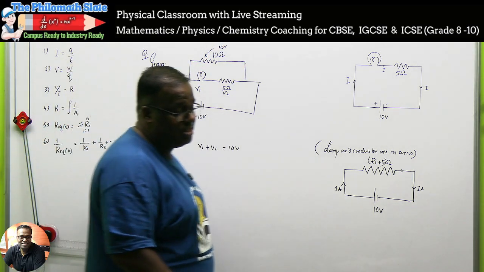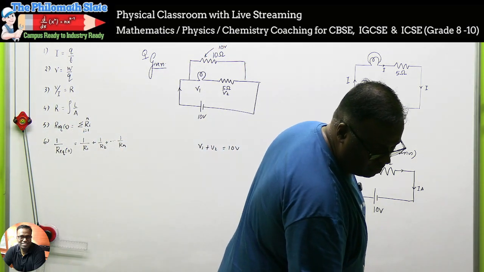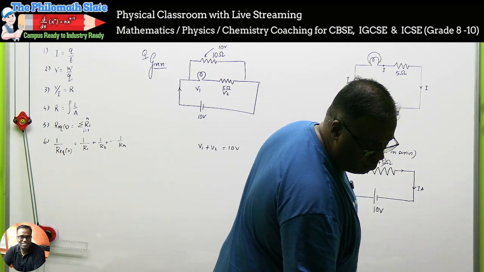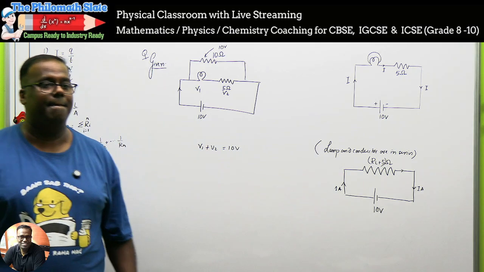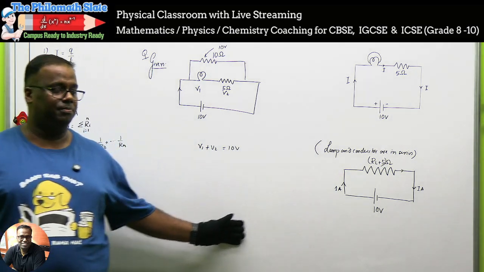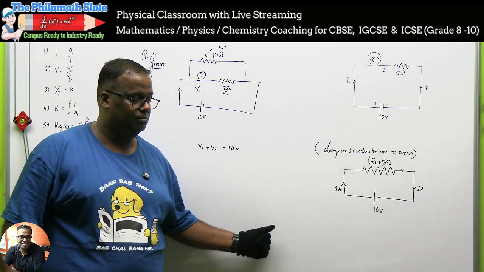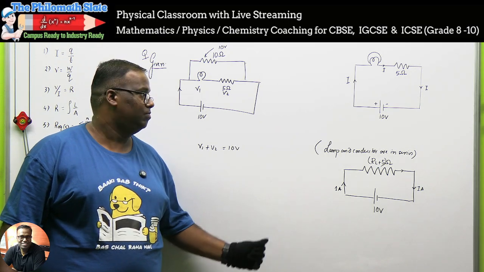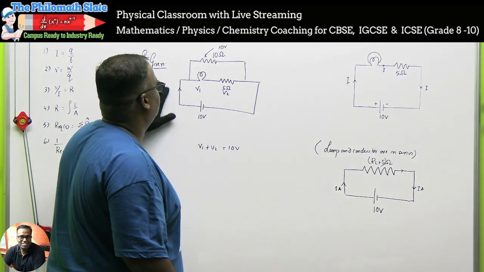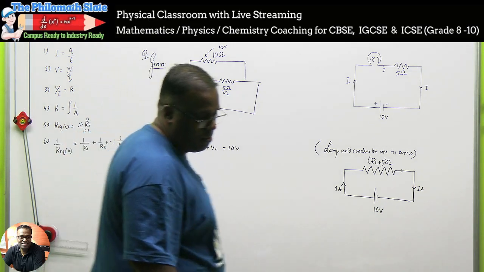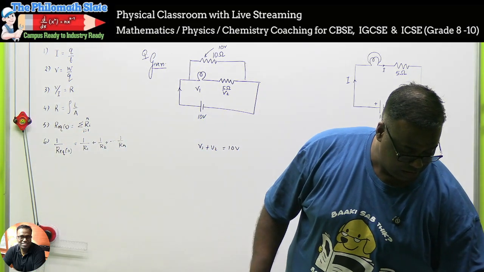So the question is to find the current flowing through the 5 ohm conductor. Okay, let's try.